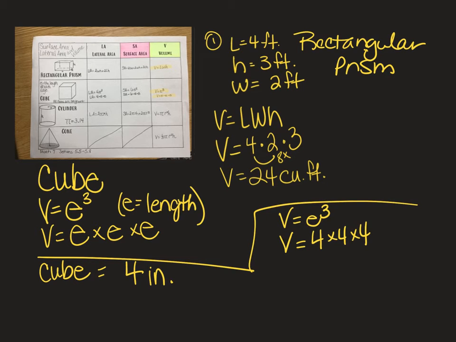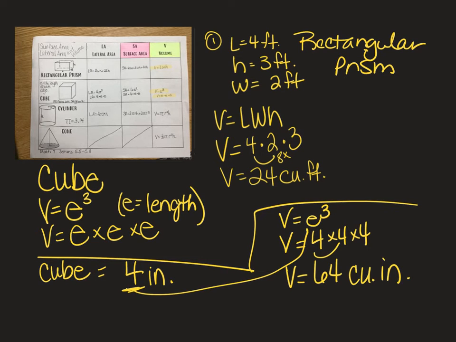Does that make sense, what you're doing here? Because you're multiplying whatever the measurement is, you plug it in here, and you're multiplying it 3 times by itself. So 4 times 4 is 16, right? What is 16 times 4? 64 cubic inches. That's your answer. Okay? Does that help?